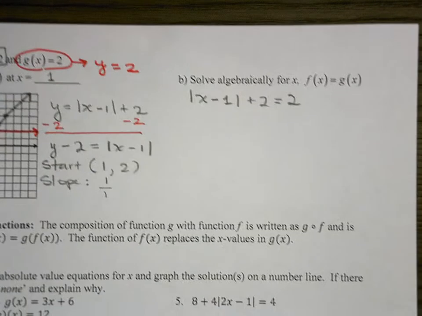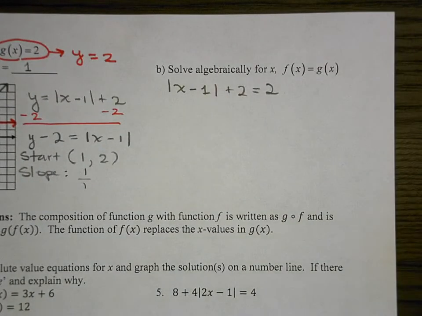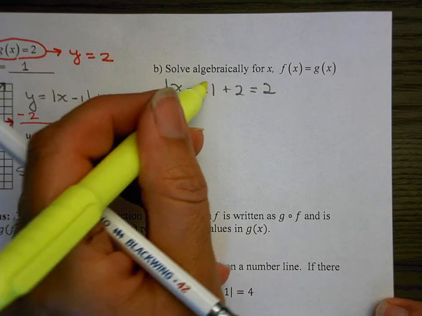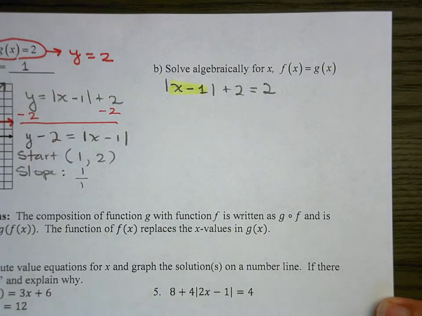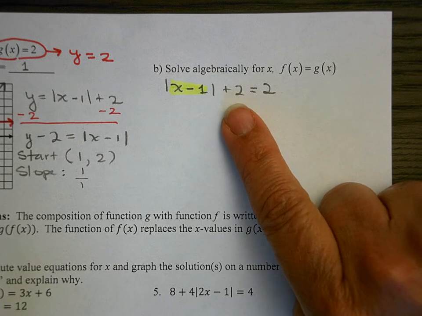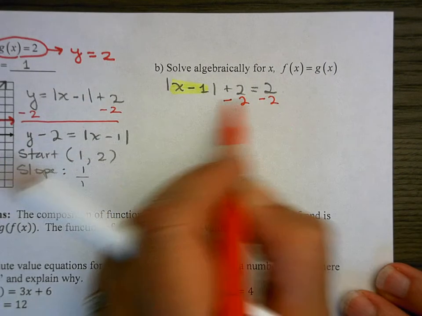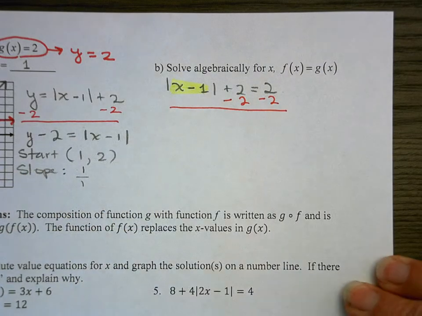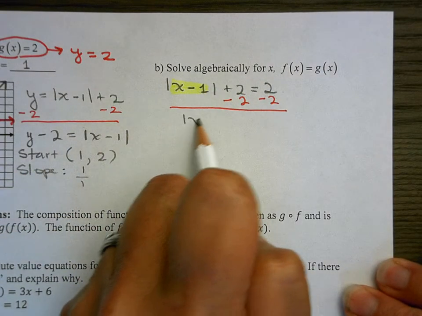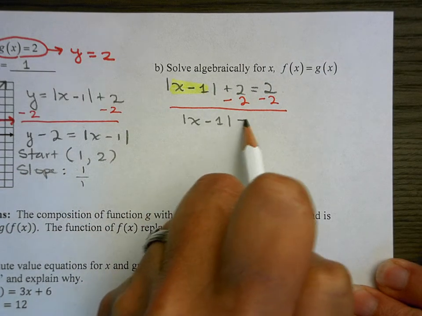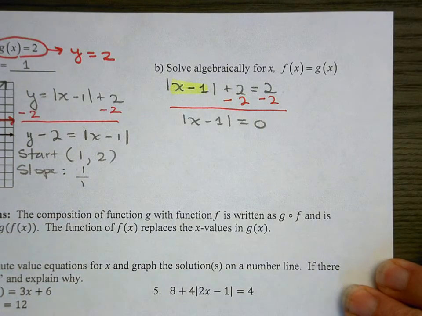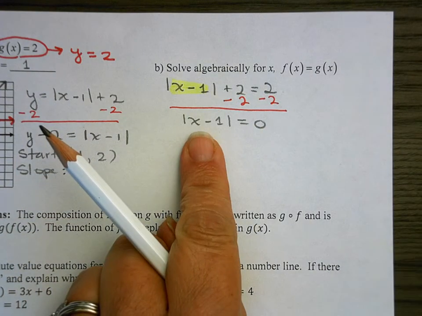All right, and then step 1 is isolate absolute value. So we're going to isolate the absolute value, meaning get that by itself. So in order to do that, I need to get the 2 to the other side. So I'm going to subtract 2 from both sides.